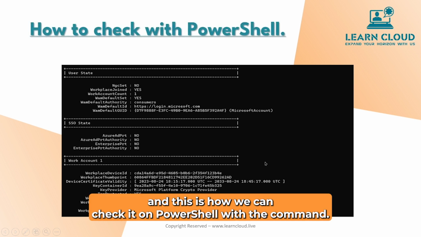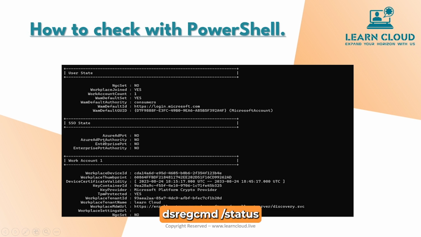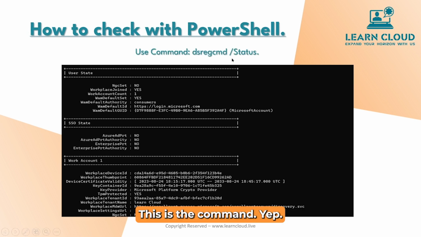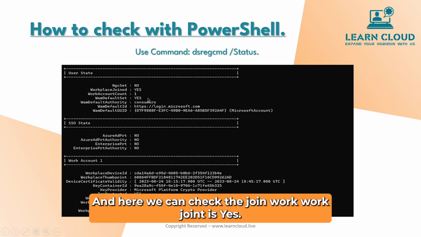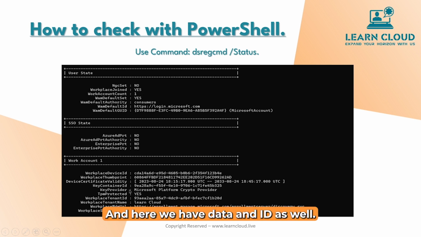And this is how we can check it on PowerShell with the command dsregcmd. This is the command, space /status, and here we can check Workplace Joined is yes, and here we have the tenant ID as well.